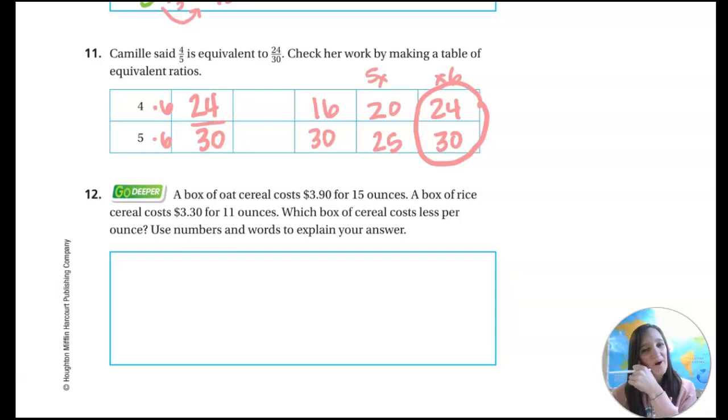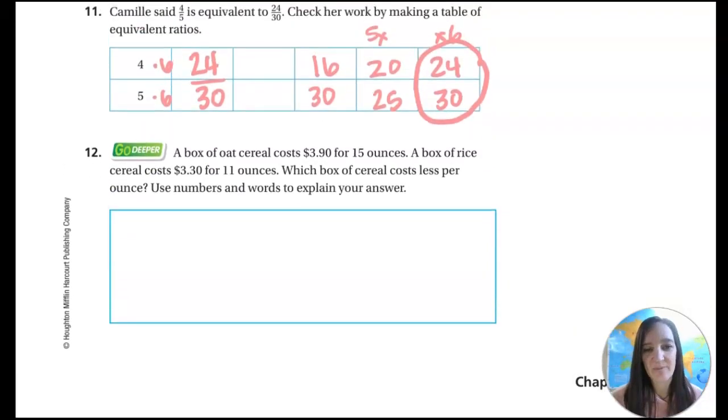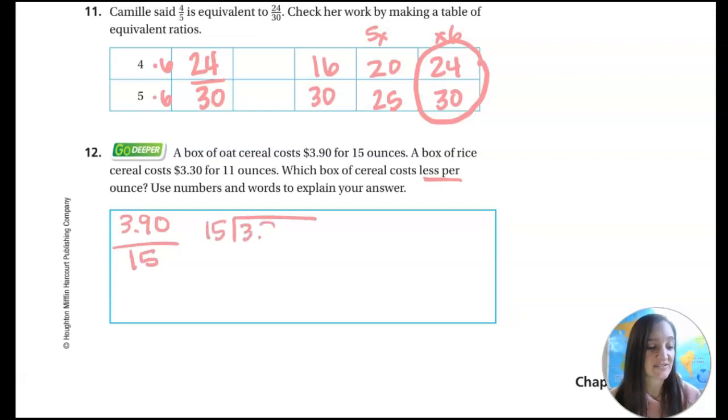Okay. A box of oat cereal costs $3.90 for 15 ounces. A box of rice cereal costs $3.30 for 11 ounces. Which box of cereal costs less per ounce? Use numbers and words. We've done a lot of these this chapter, haven't we? So if we want to figure out what the price, not for 15 ounces, but for 1 ounce, we're going to need to divide. And that will give us... I don't know.